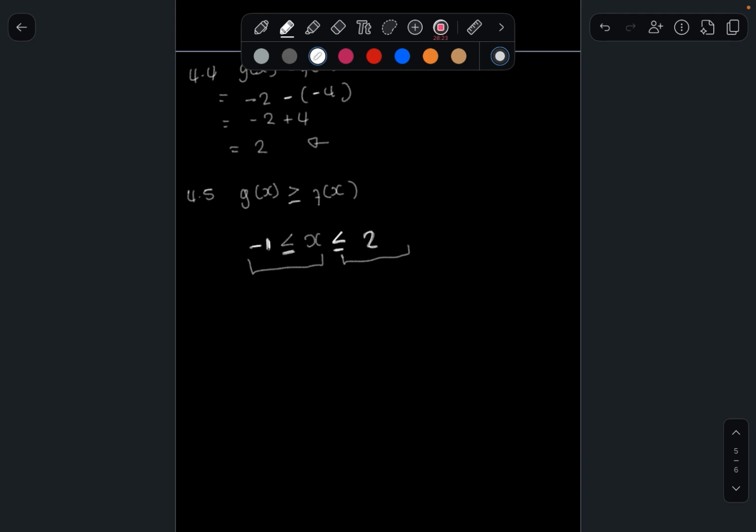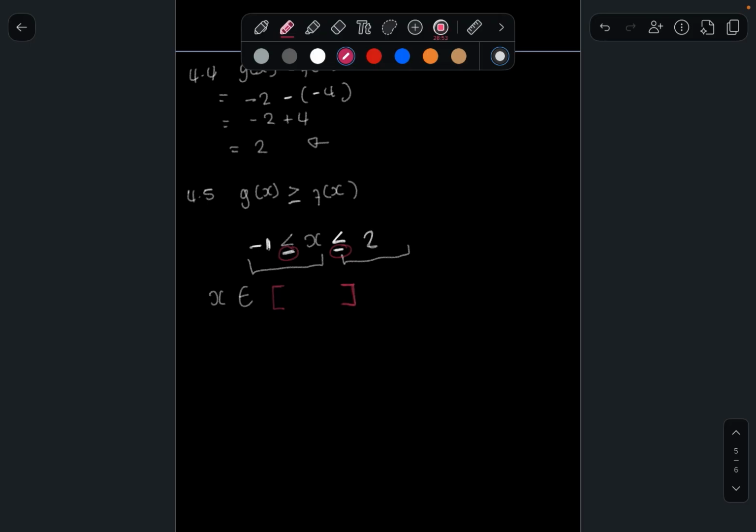Or you can write it in another notation. You can say x belongs to, right? Since they require equal to signs, that means you should include the bounds, right?